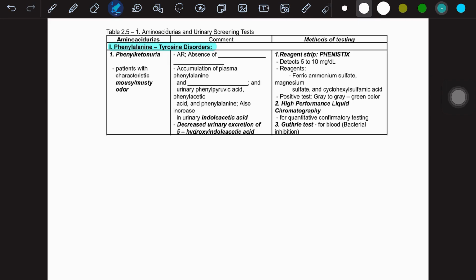Let us talk first about phenylketonuria.